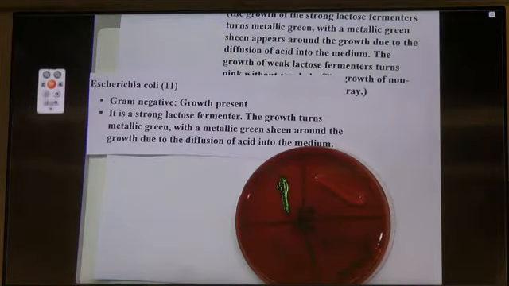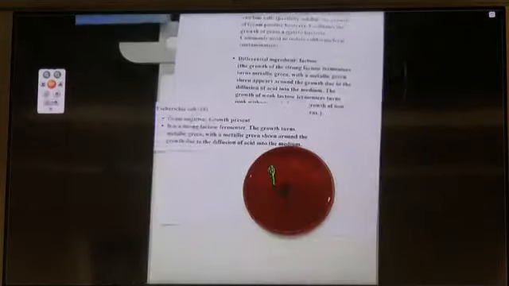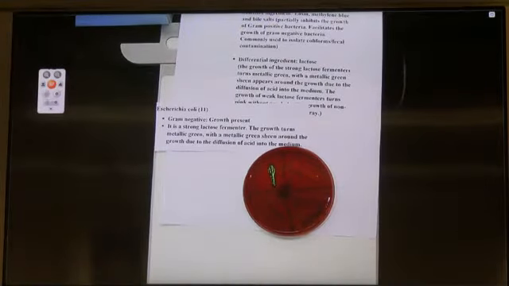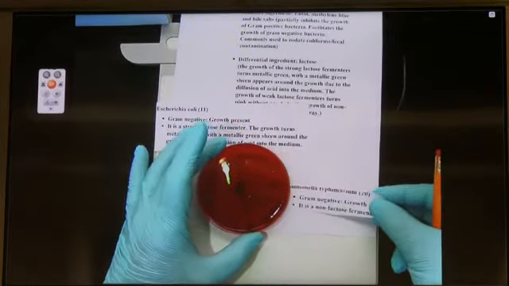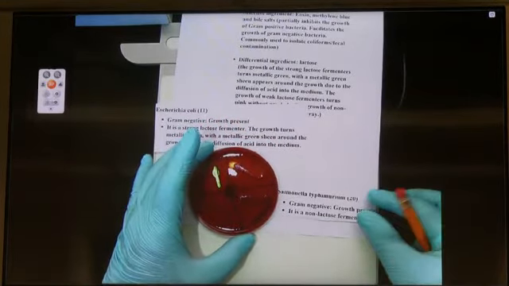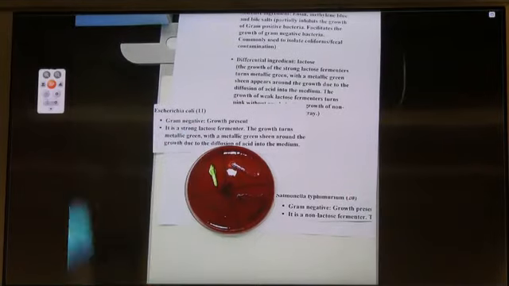The other bacterium, number 20, remember from MacConkey, is it fermenter or non-fermenter? It is number 20. Again, my little sticky. Number 20 right here.